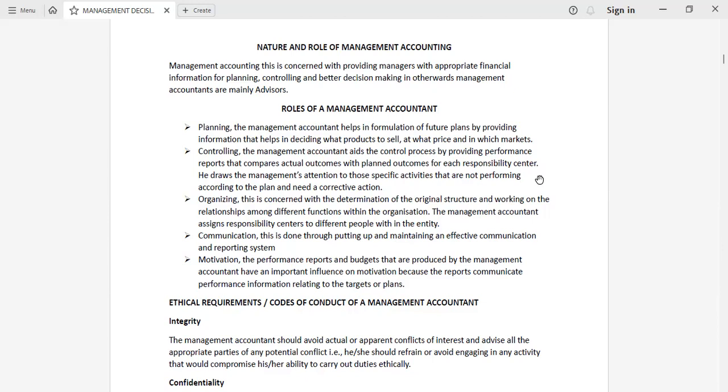So management accounting is concerned with providing managers with appropriate financial information for planning, controlling, and better decision making.